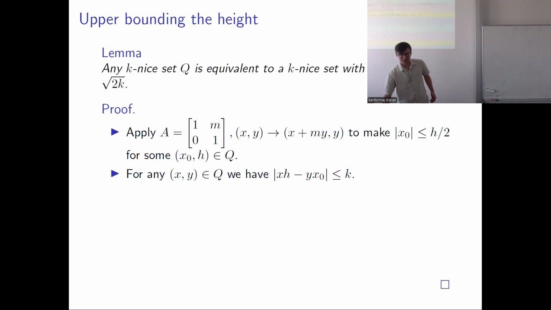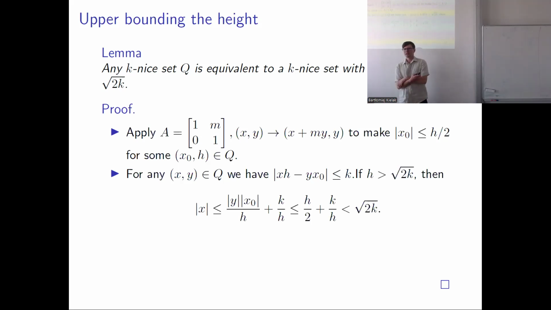And now we have this intersection criterion, which says that it has to be preserved after this transformation, because this is how equivalence works for k-nice sets. But what follows? If by any chance our set after the transformation is of the same large height as the original, then it would turn out that for this arbitrarily chosen point, its first coordinate would be small, at most square root of 2k, and it's just a matter of some triangle inequality, basically.